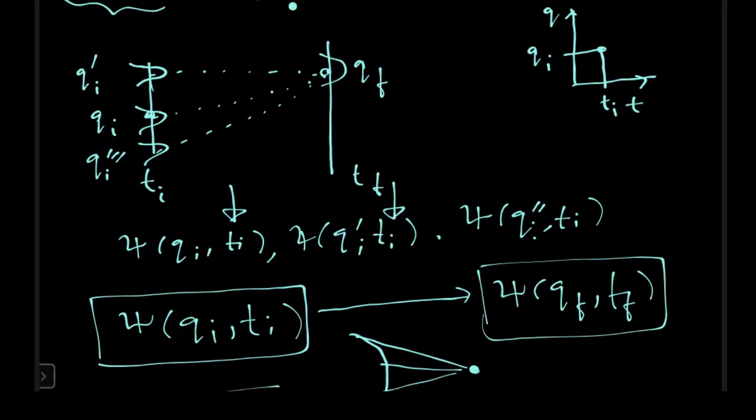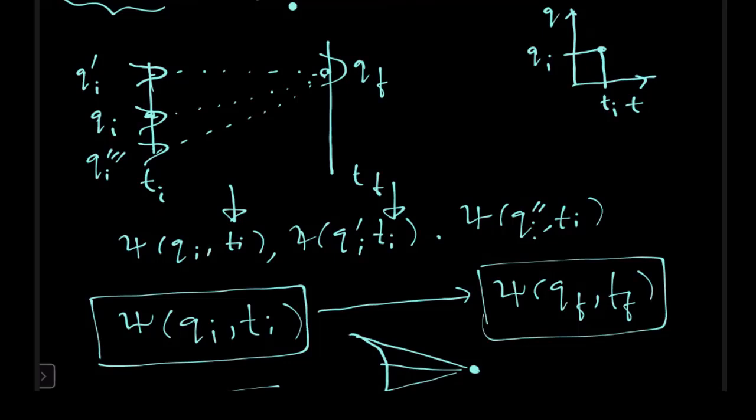But in the picture above, you said that you can have different positions for the same quantum particle, or these amplitudes are for different particles. No, no, no. It's not different particles. The quantum particle is localized somewhere near qi at time ti.